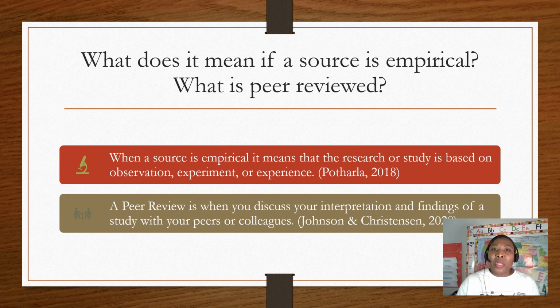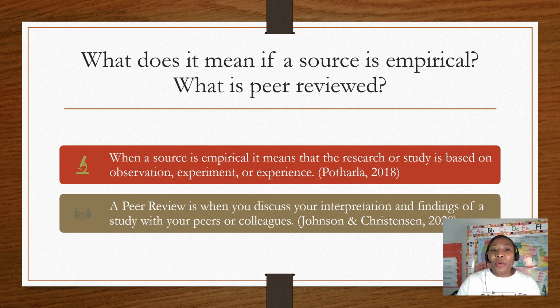Also, most scholarly journals have four components. There's the introduction, which is sometimes called a lit review. Then it goes into the methodology, and then it gives you the results or the findings, and then it ends with a conclusion or discussion. So that's how you can identify when you have an empirical article.